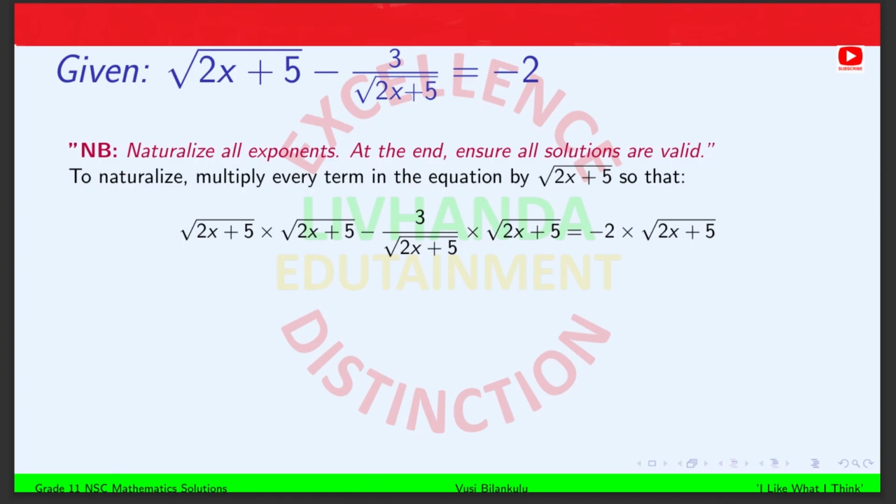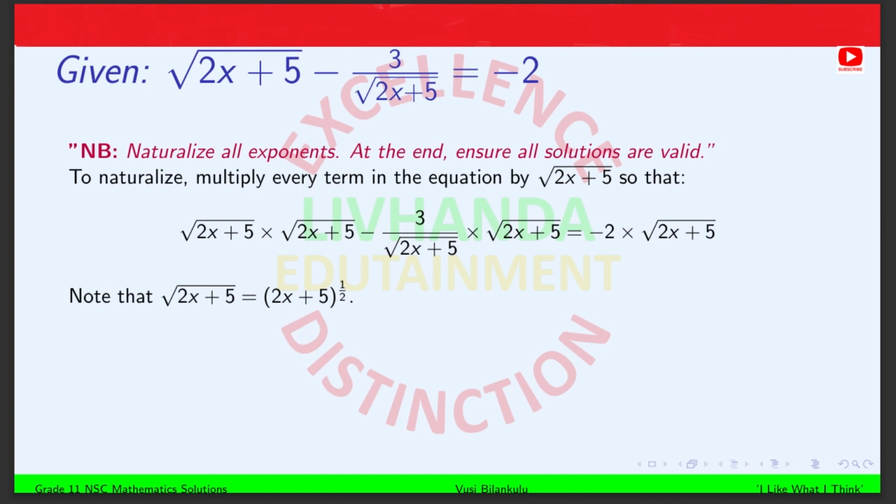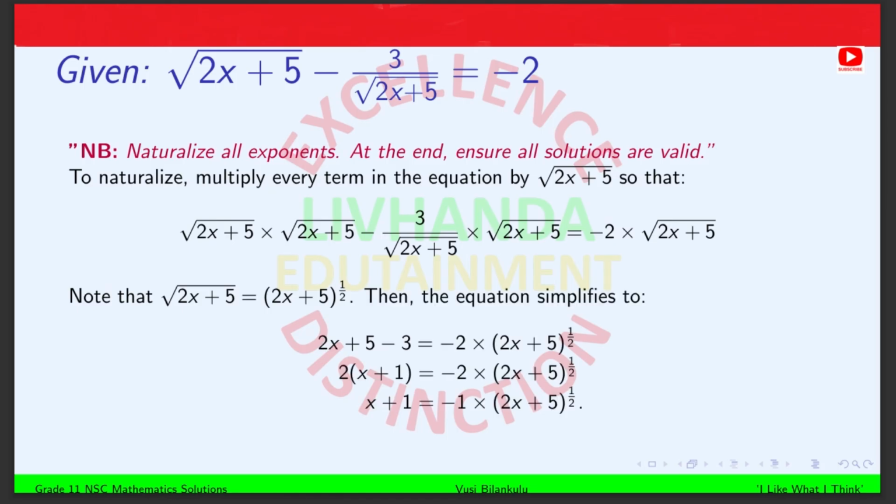That is, multiply every term in the equation by the square root of the sum of 2x plus 5. Note that the square root of 2x plus 5 equals the sum of 2x plus 5 exponent 1/2. Then the equation simplifies as x plus 1 equals a product of negative 1 and the sum of 2x plus 5 exponent 1/2.